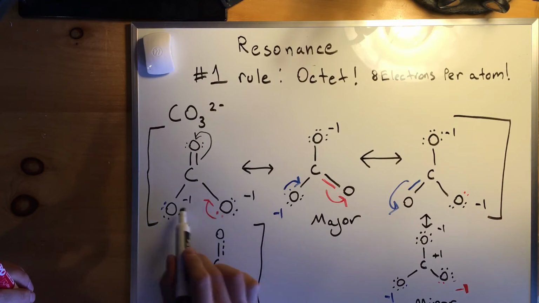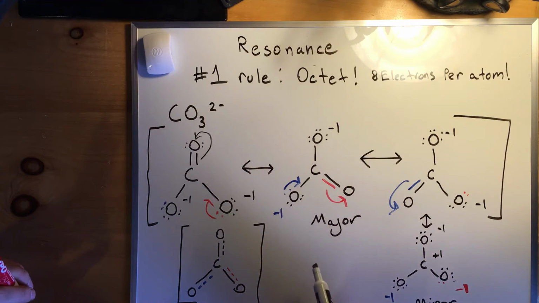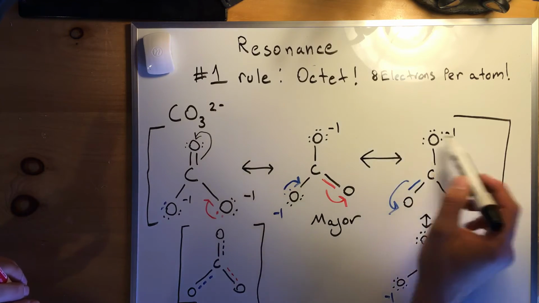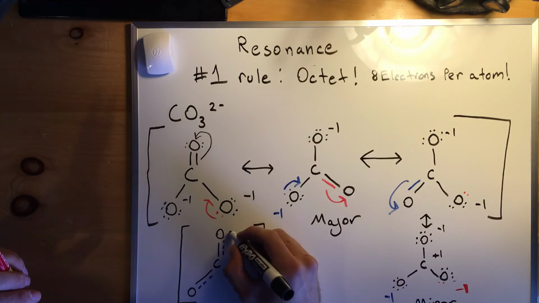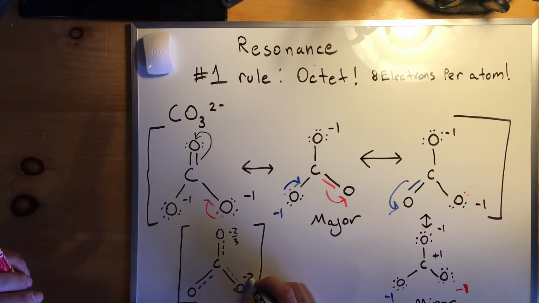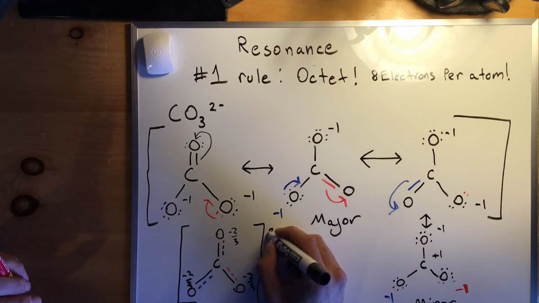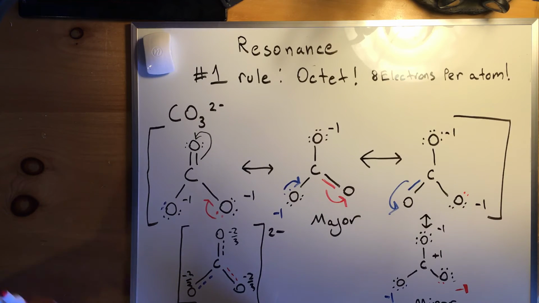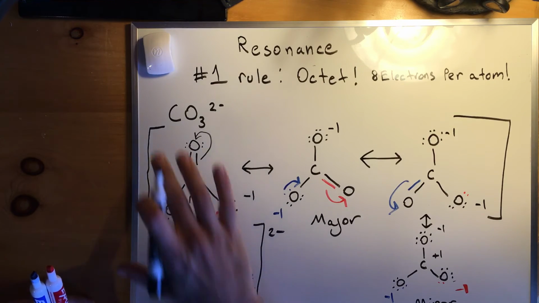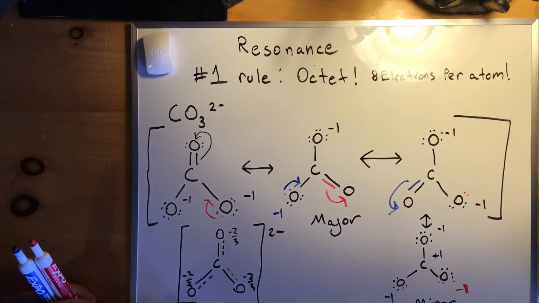So 2/3 of the time, each oxygen has a minus charge. So you can put in a -2/3 on every oxygen, and you know that adds up to 2- in the end. So this is our abbreviated version of all of that.